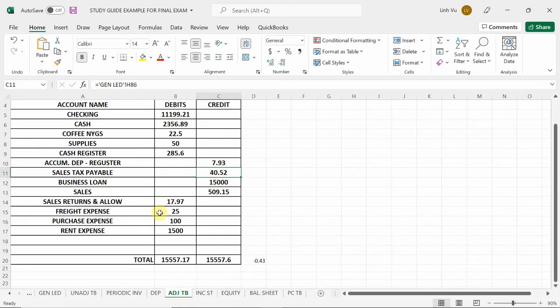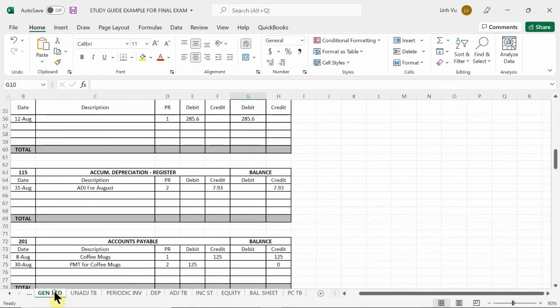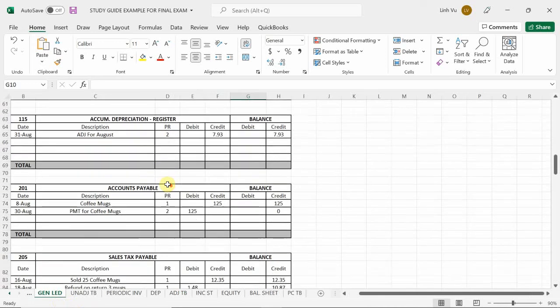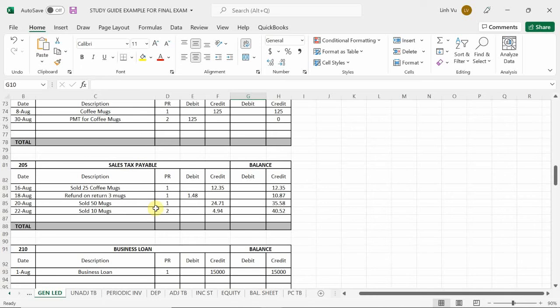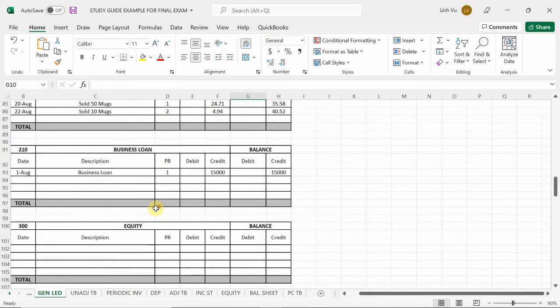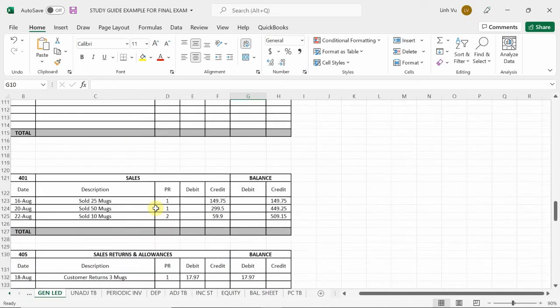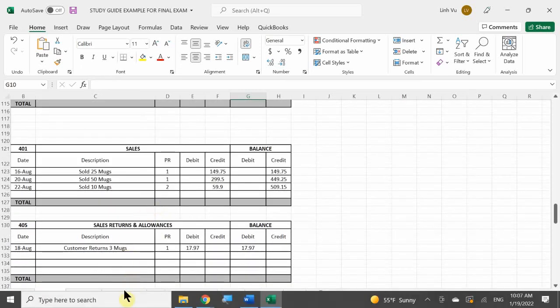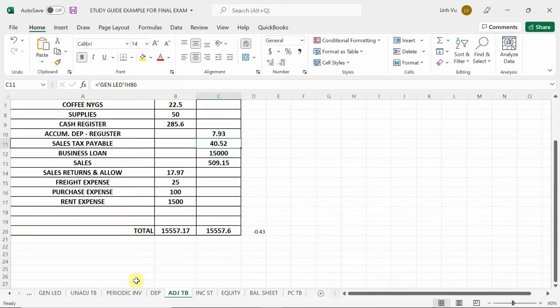Now let's see what else we have. We have accounts payable at 0. We have sales tax payable at 40.52, and we have business loans at 15,000. Equity at 0. Income summary at 0. So let's take a look at all of those. Those I know for sure have not changed, right? 40.52, 15,000.